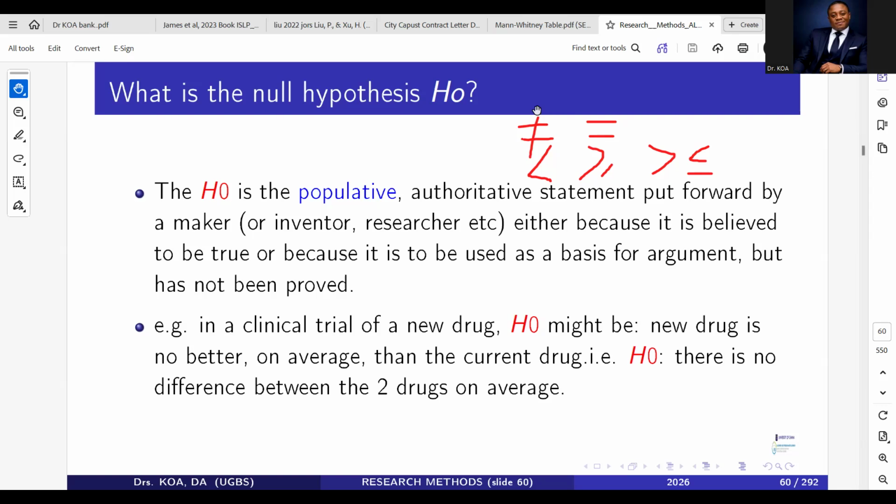When I say opposite, opposite is something that goes in an opposite direction. So, for example, if you say she is less than 30, the opposite cannot be she's greater than 30. Mathematically, that will be wrong, because you will not know where to put the 30 on the number line.